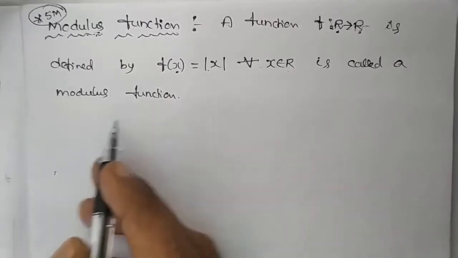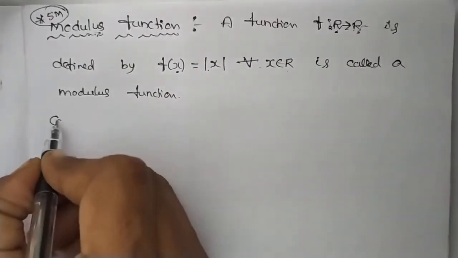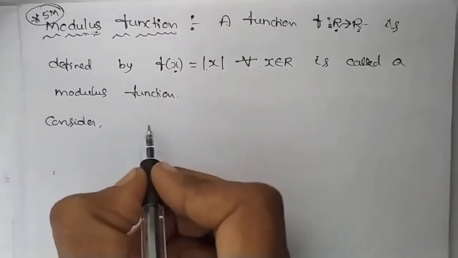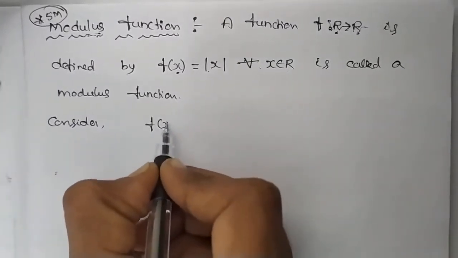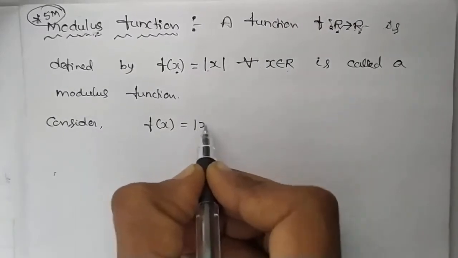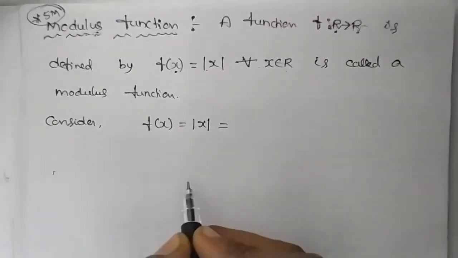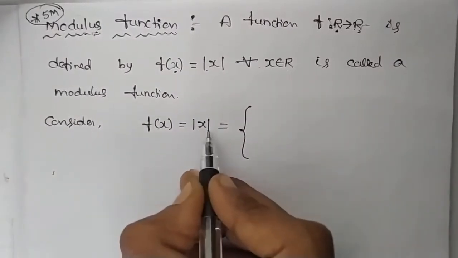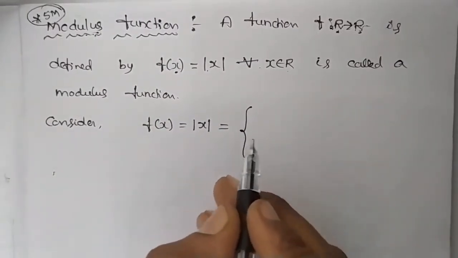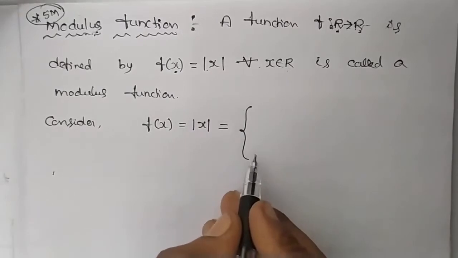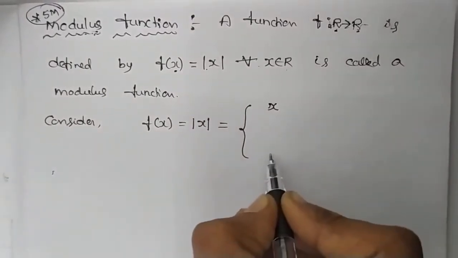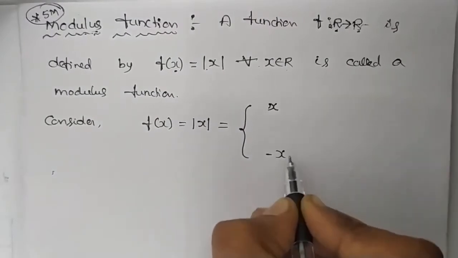Let us draw a graph for this function. Before that, in this we have one more point: consider f of x equals modulus x. You just observe modulus of x, there will be a positive and a negative also, isn't it? One positive, and one more, that is a negative.